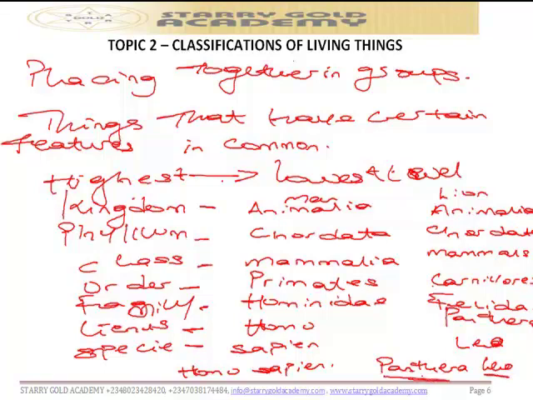I hope we understood that. In case of any issue, we can refer to our essential biology textbook. There are further examples there. All right. So each of these levels of classification has its own properties, and that's what we are going to be discussing now.